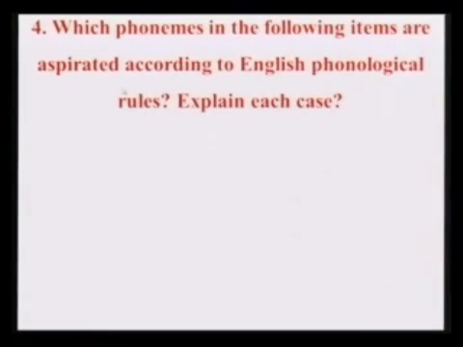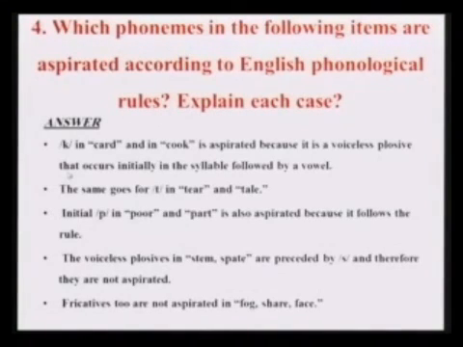Which phonemes in the following items are aspirated according to English phonological rules? Explain each case. Aspirated means it takes the extra puff of air. K in card and in cook is aspirated because it's a voiceless plosive that occurs initially in the syllable followed by a vowel. The same goes for t in tear and tail.